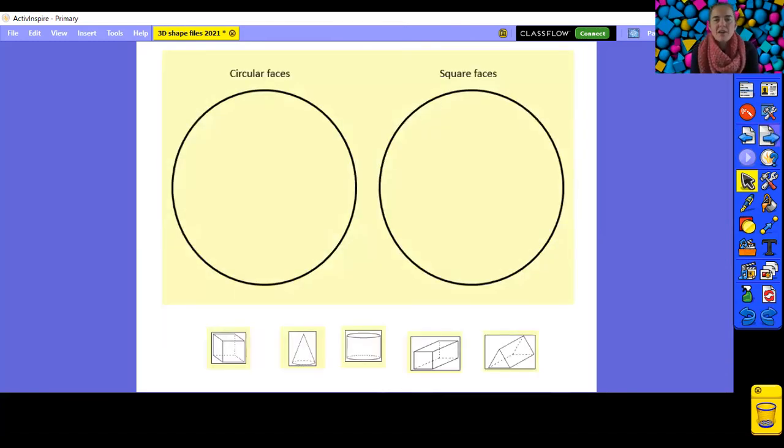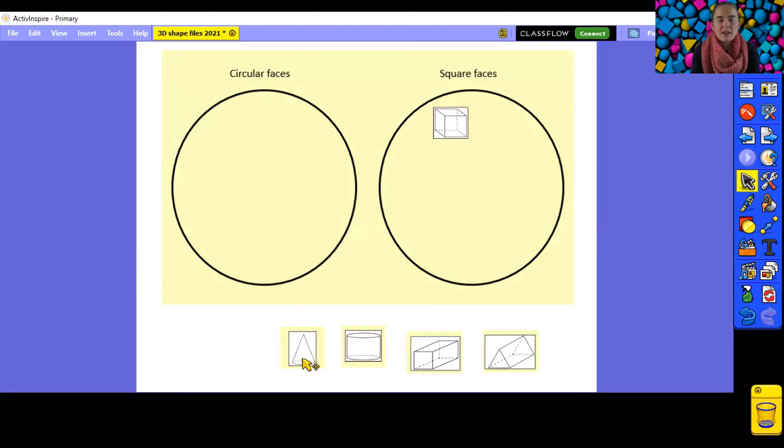I've got some other examples of different ways of sorting 3D shapes. So this time I've got my 2 sorting circles and I've got circular faces and square faces. So does my cube have circular faces? No. Does it have square faces? Yes.